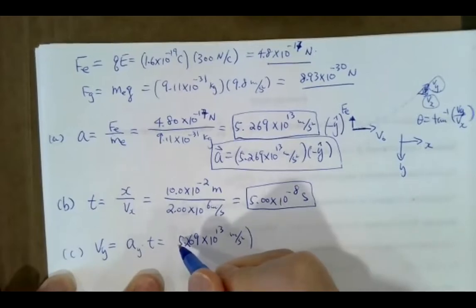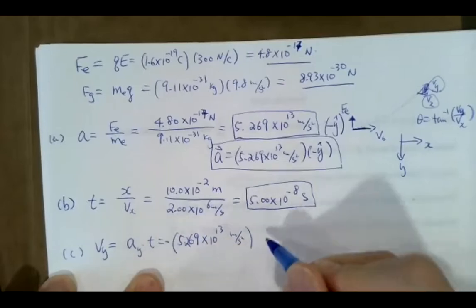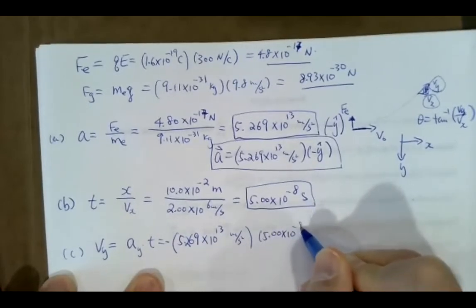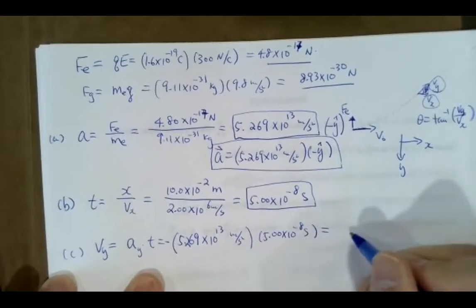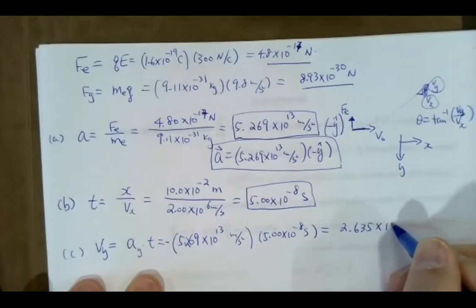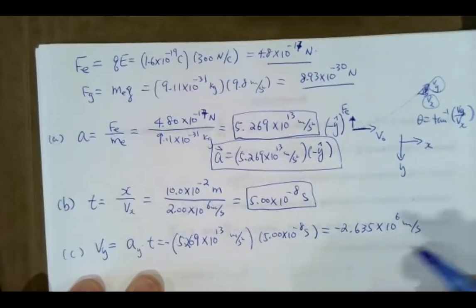So you can include it here. So minus that times t, that will give you 2.635 times 10 to the 6 meters per second, negative that, okay?